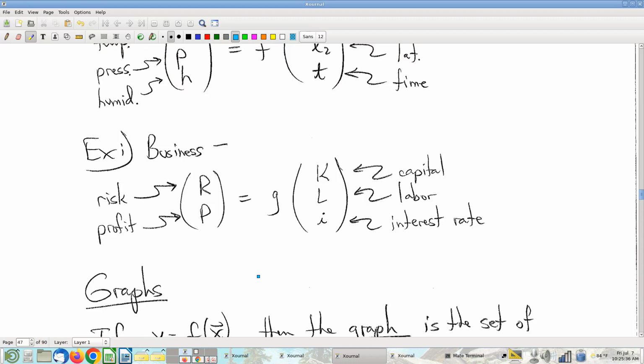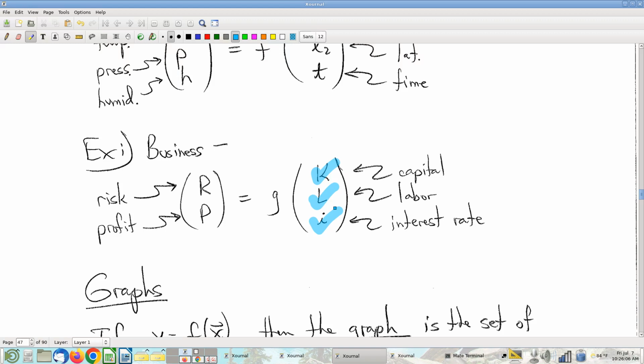Okay. Here's one. Suppose you have some small business and you're trying to keep track of how certain things that you have control over will affect certain things that you would like to influence in certain ways, right? You have control over how much money you borrow and how many people you hire. You don't have control over interest rates, but you can at least view that as something that affects your bottom line.